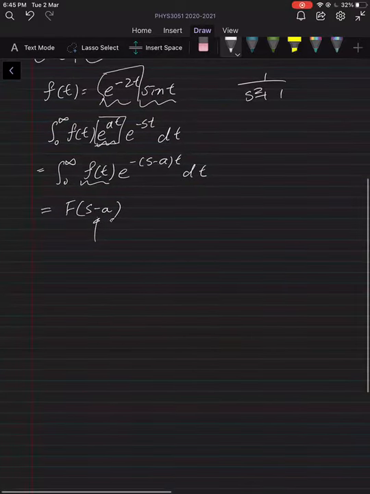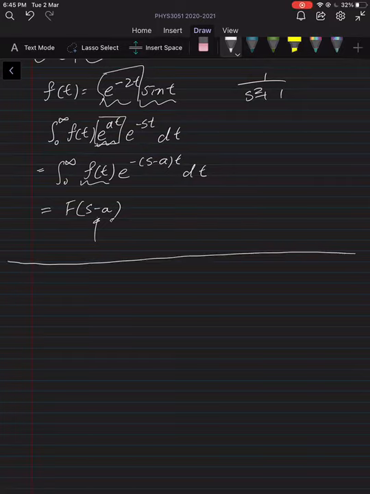All right, so to summarize what you have learned in this example, whenever you're asked to do the Laplace transform of some function multiplied by t, or in general it can be t to the power k.